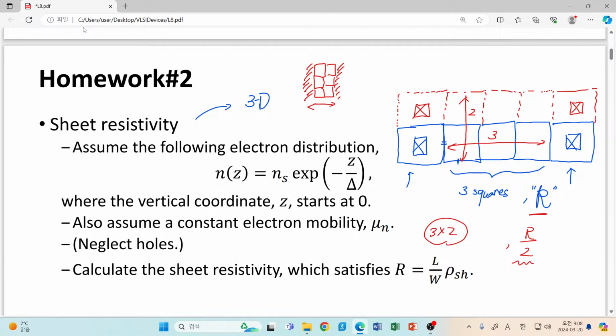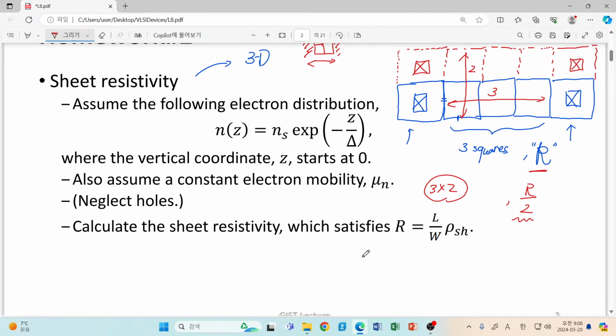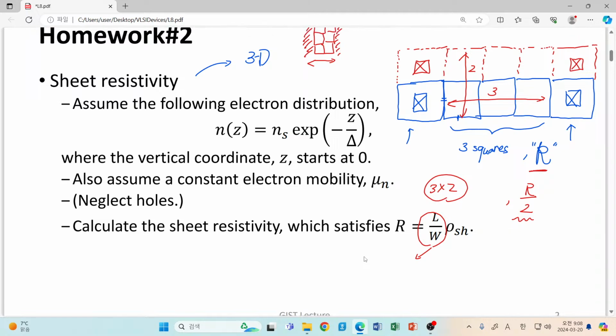So now you can understand the resistance observed in your system can be written as something like this: just the number of squares between your two contacts. It simply means that if you have a long distance between your two metal contacts, then your resistance will be higher.